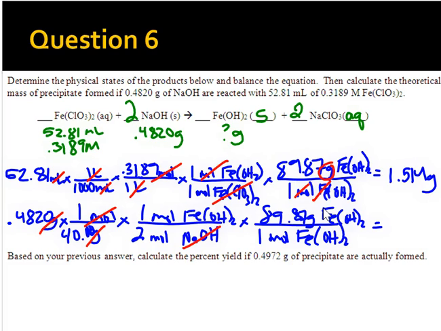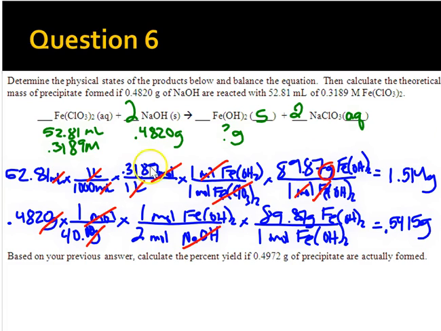And so I end up getting, if I were to react all of my second reactant, the maximum amount of product I can make is 0.5415 grams.